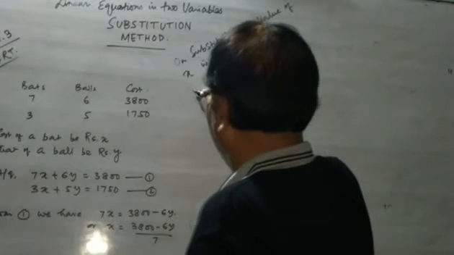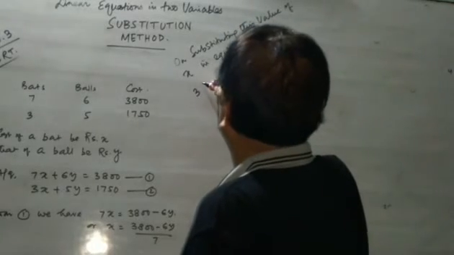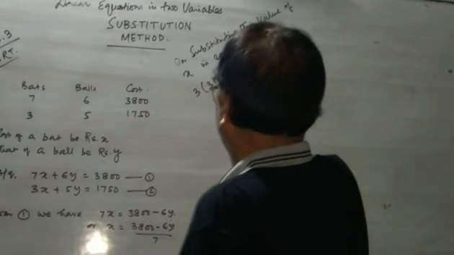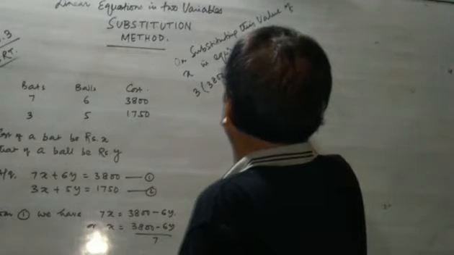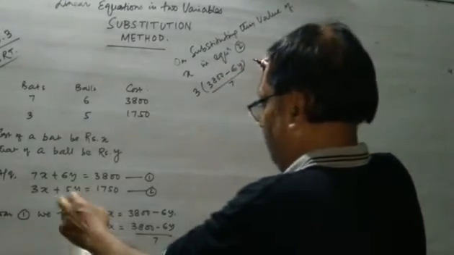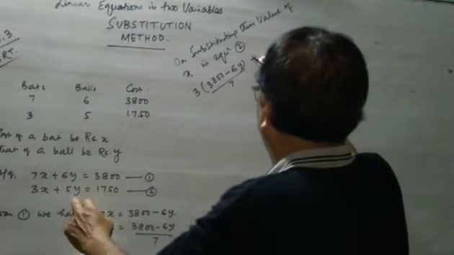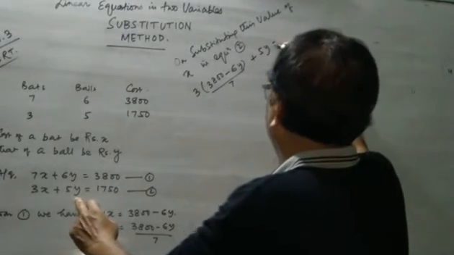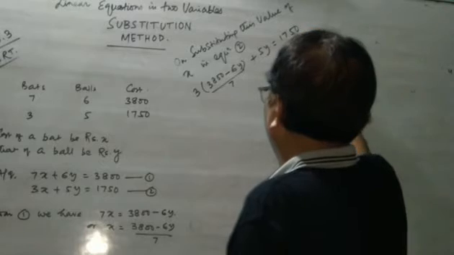We can write 3 into (3,800 minus 6y) by 7 plus 5y is equal to 1,750.